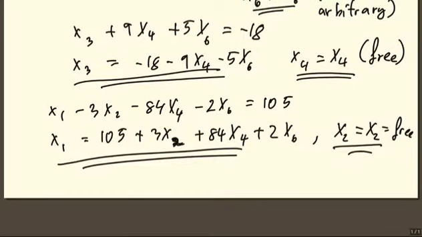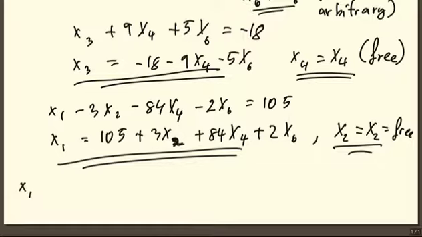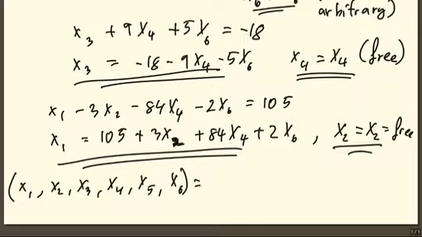For example, WebWork expects you to enter the solution as x1, x2, x3, x4, x5, x6 equals, and then for x1 you enter whatever you get in terms of x2, x4, x6. For x2 you just have to enter x2, and of course the index is not accepted in WebWork, so you really have to write it as x2 next to each other.